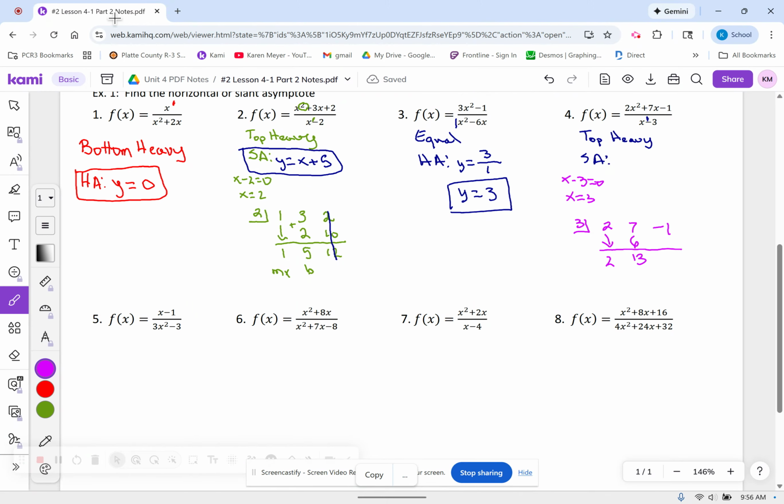Remember, we don't really care about the remainder anyway, so I'm just going to cross off the last one. This is mx, and this is b. So y equals 2x plus 13 is your answer.